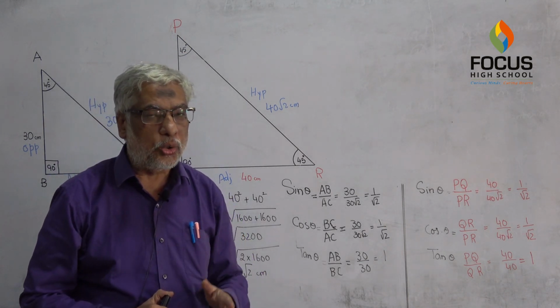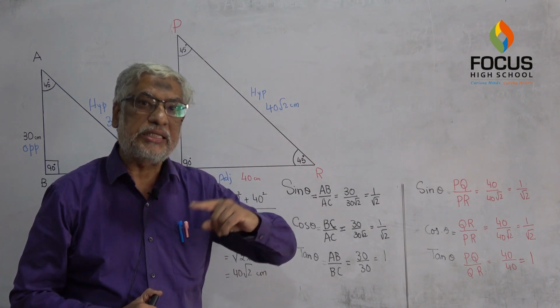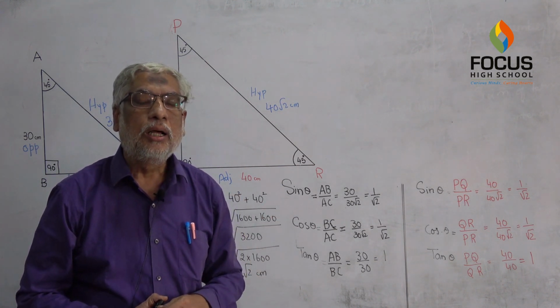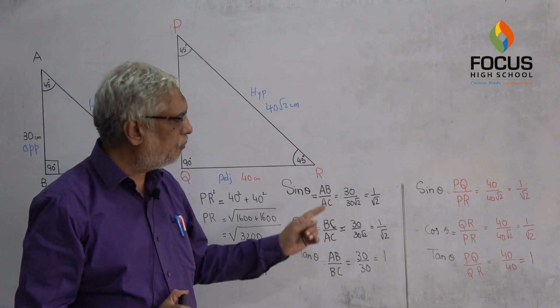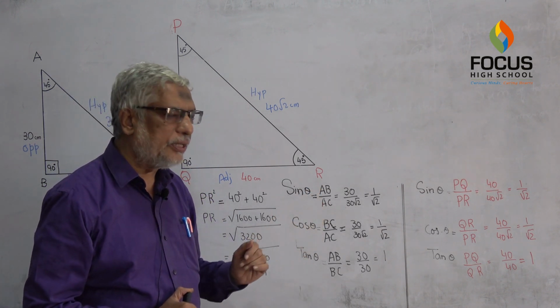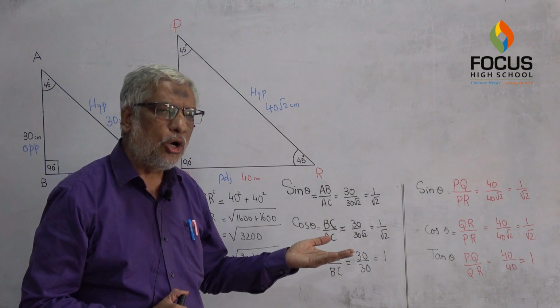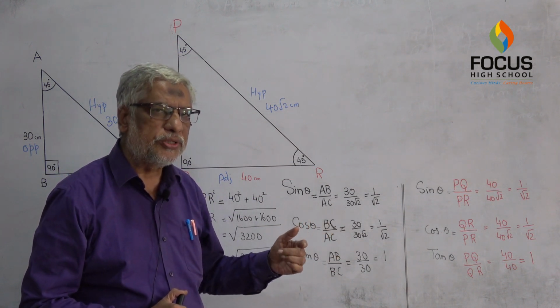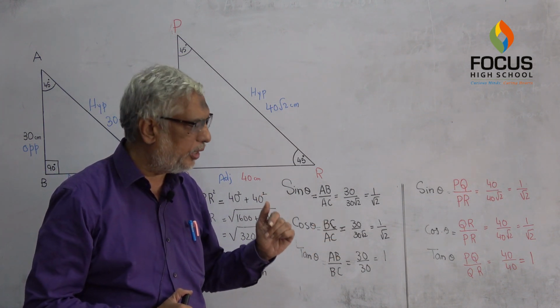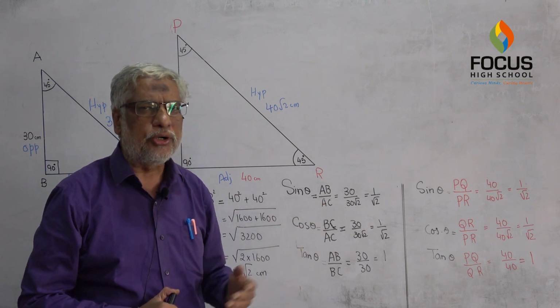Now, we do not have only these three ratios, we have their reciprocals as well. Reciprocals means, if my sine is AB upon AC, what is AB? AB is the opposite side. We are considering it as opposite to the angle theta, to the angle 45 degree, and AC is the fixed hypotenuse.